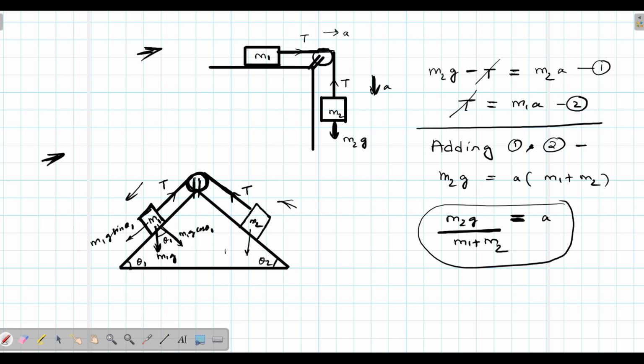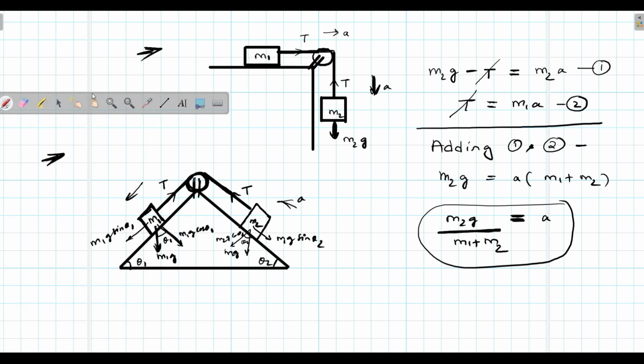This is M2G. This is theta 2. M2G cos theta 2, M2G sin theta 2. This is acceleration.